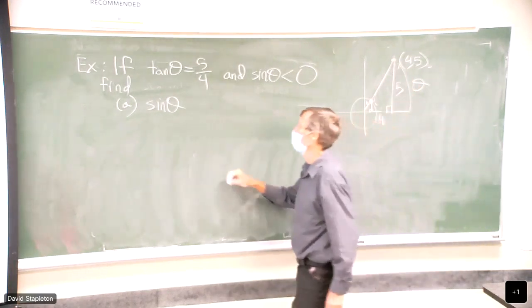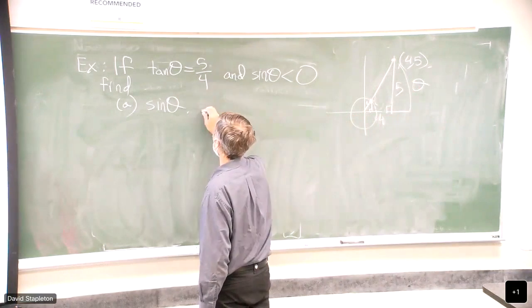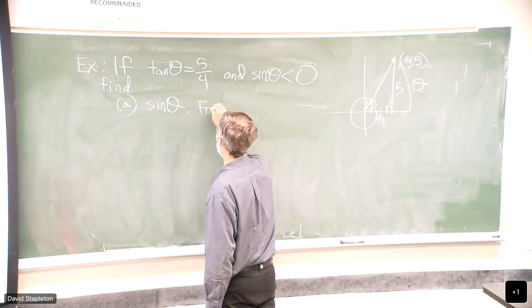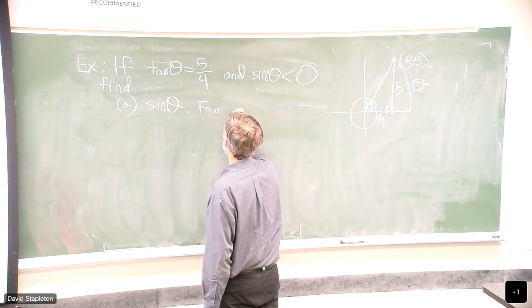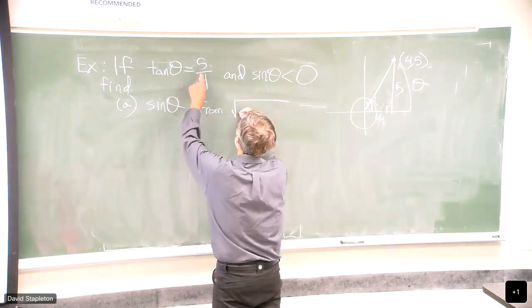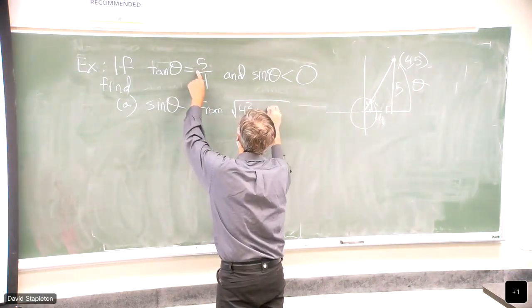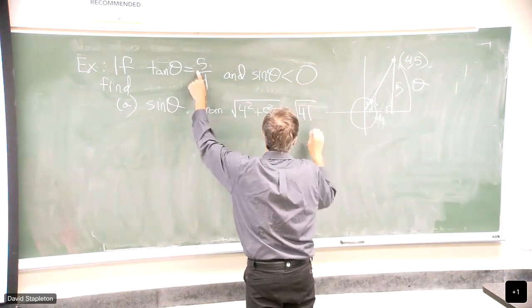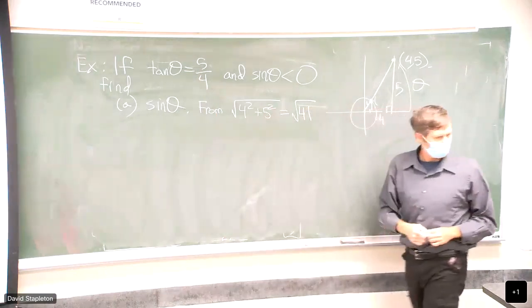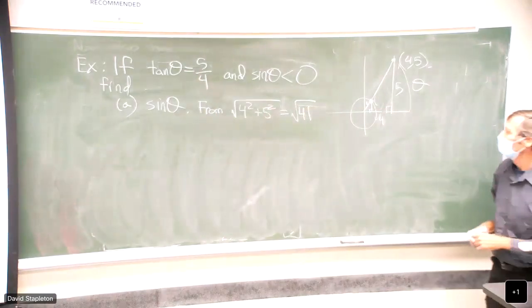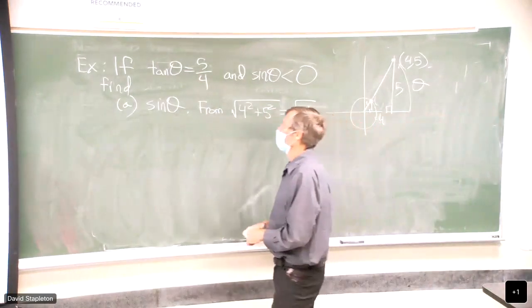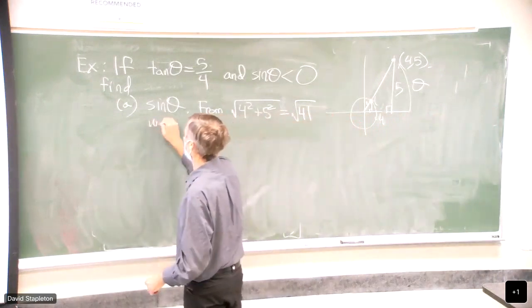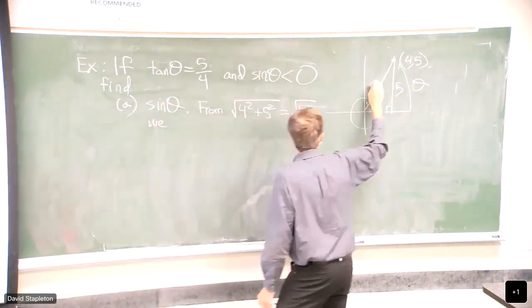In other words, you root sum square these two numbers: the square root of 4 squared plus 5 squared is the square root of 41. This is going to illustrate how you usually get nasty square root numbers in these. We also have, by scaling the triangle down, this side is square root of 41.